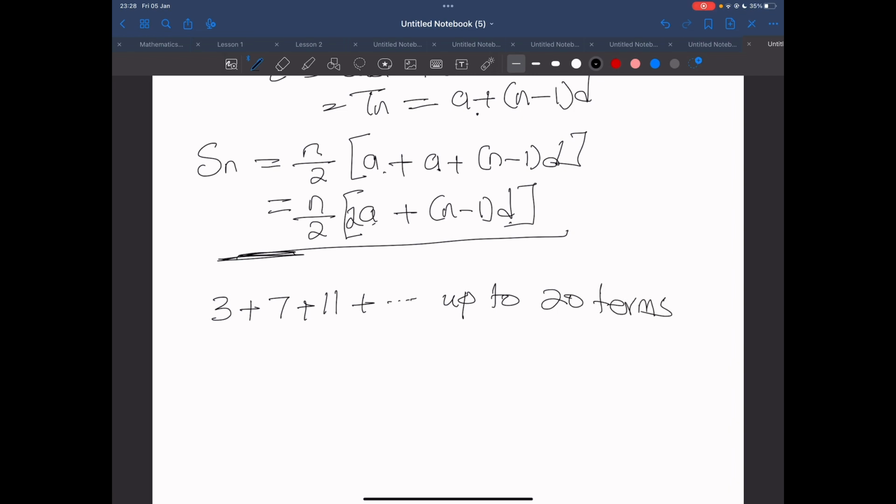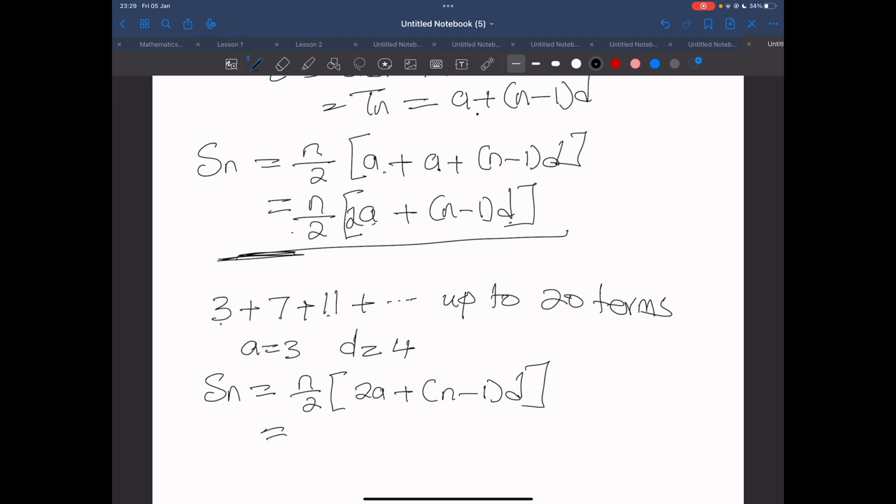So we know that our a is 3 and our d, the common difference, is 7 minus 3, which is the same as 11 minus 7, which gives us 4. So we can use the formula as we have derived it. We write the formula down. Sum n is n over 2 into 2a plus n minus 1 d.